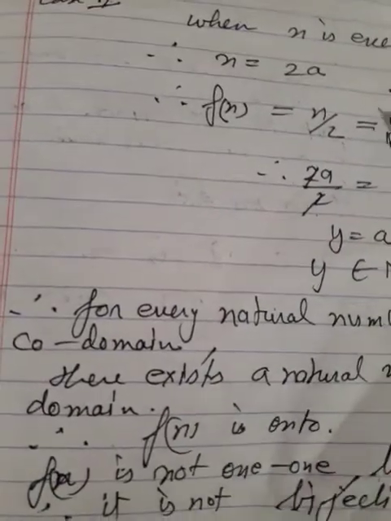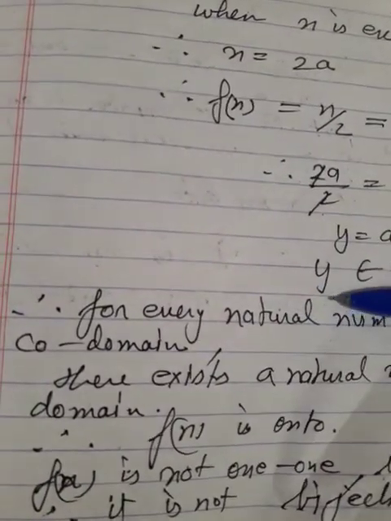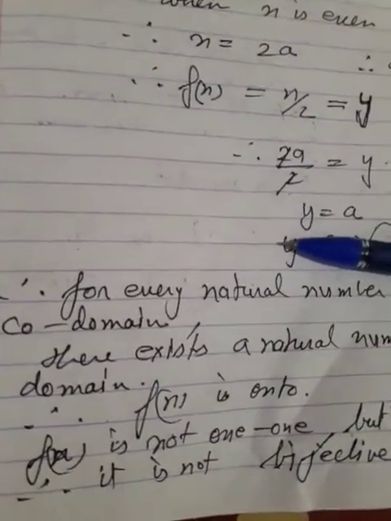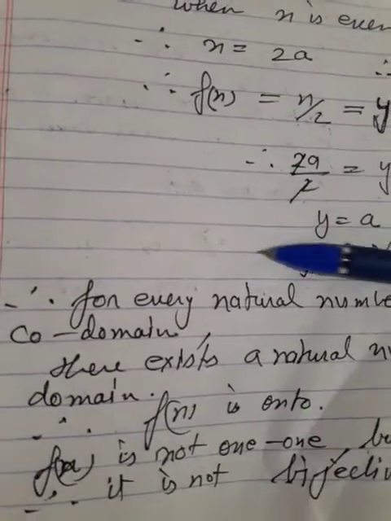So in the case of even numbers also, there is a natural number for every codomain natural number. So we have proved for both even and odd cases that there exist natural numbers in the domain for every element of the codomain. Hence this function is an onto function.